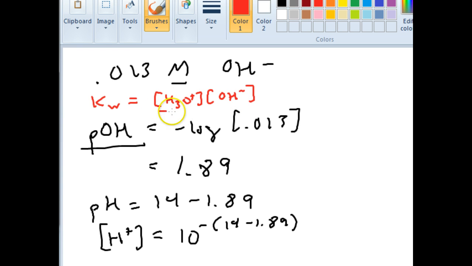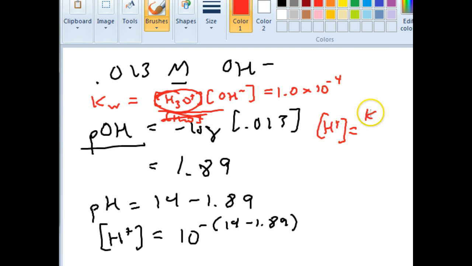The reactant is just liquid water, which doesn't count, so that's just 1. Kw is 1.0 times 10 to the minus 14 at room temperature, so you can just solve for the H plus concentration. It would be H plus concentration equals Kw, which is 1.0 times 10 to the minus 14, divided by the OH minus concentration, which we found to be 0.013. And you would get your answer there.